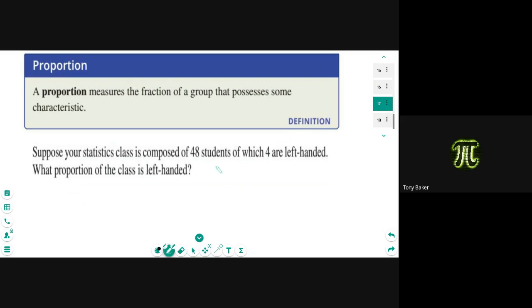I take 4 and divide it by 48, and I get 8.3%. That's a proportion.